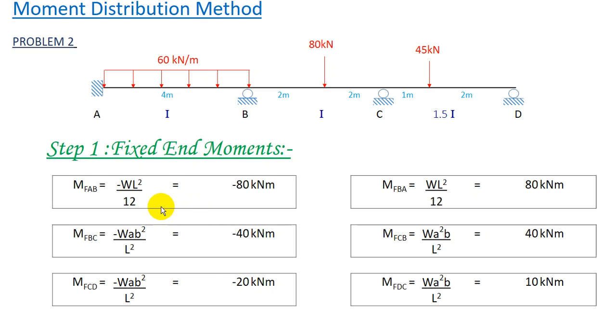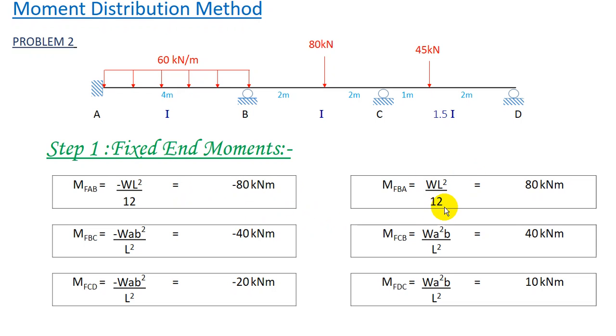It is because this UDL tries to bend my beam, or it tries to sag my beam, and thus there is a resisting anti-clockwise moment that is generated at A, and anti-clockwise according to my sign convention is negative. That is the reason I have taken it as negative. So it is minus 80 kilonewton meter.